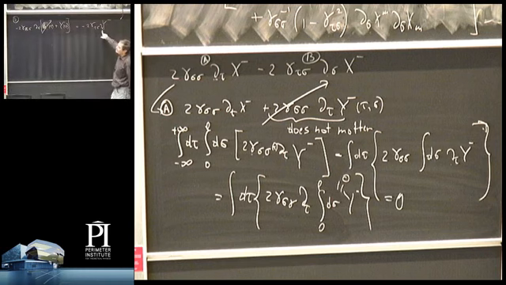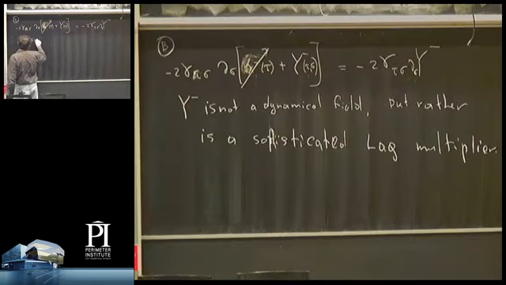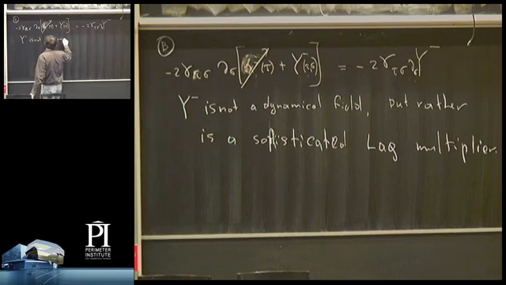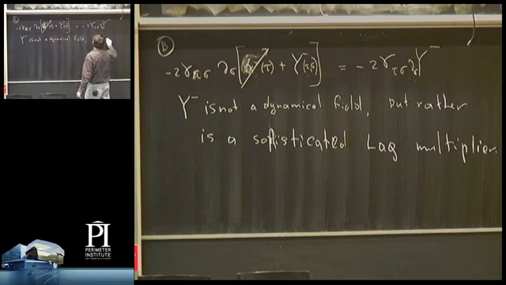And so the only way y minus enters in the action is with a derivative with respect to sigma. So what this tells us is that y minus is not a dynamical variable, but rather it is a constraint.